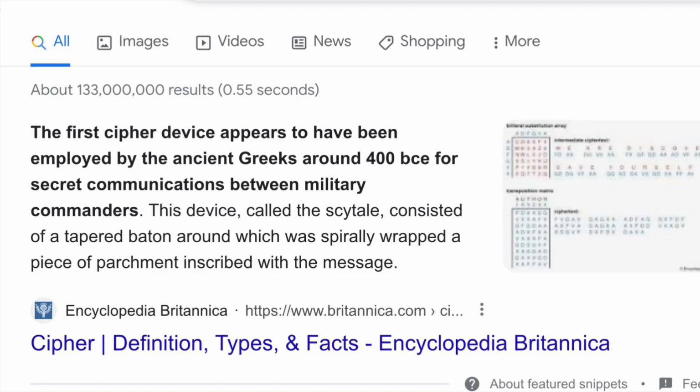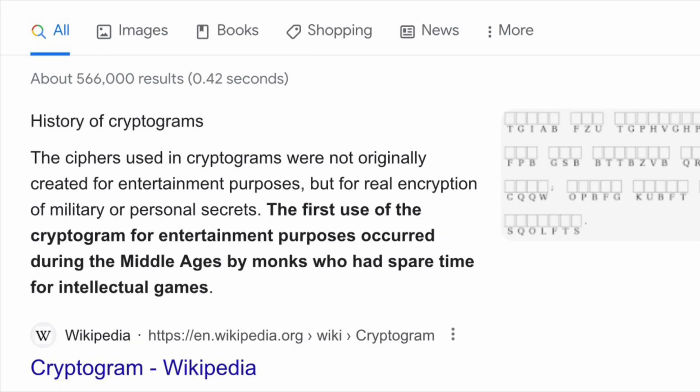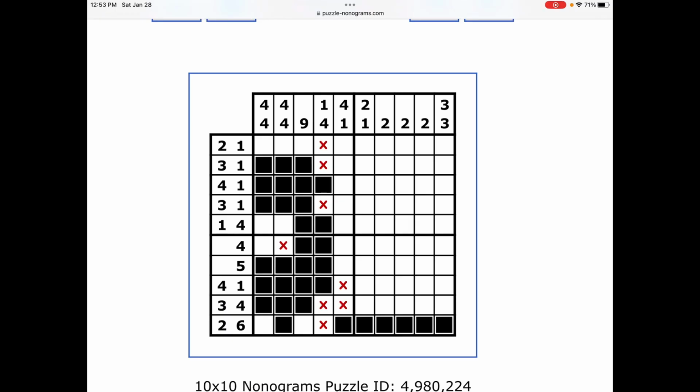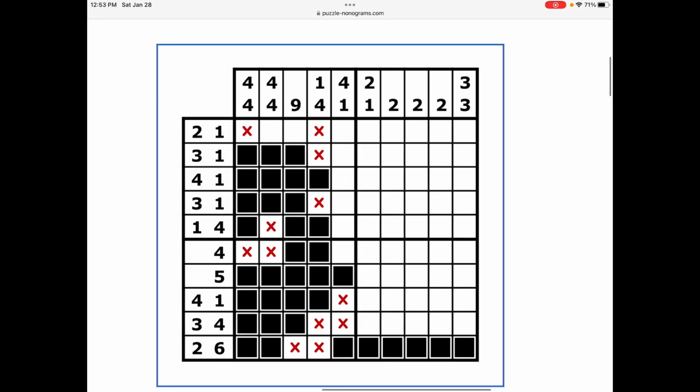It's more recent than something like a cipher or a cryptogram would be, even though it is a form of decoding stuff in a way, although it's kind of not really used to send messages. Instead, maybe you could send a picture or something with it, but it is in more recent history for this one.